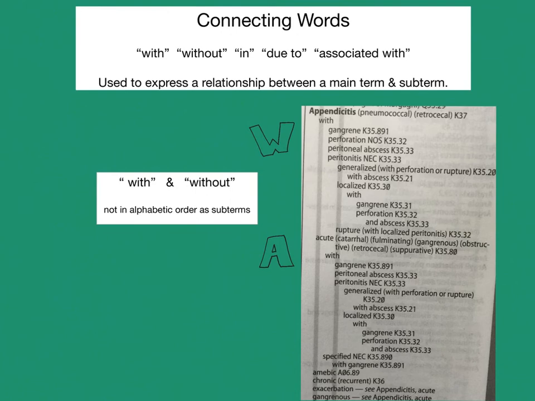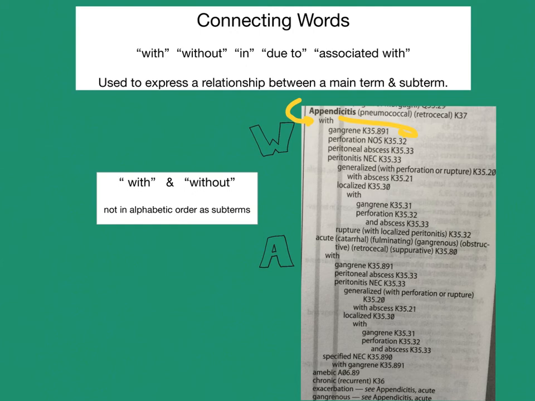Another topic in Chapter 1 is that of connecting words. These words or terms are used to express a relationship, either between a main term and a subterm, or a subterm and a sub-subterm. A sub-subterm just means it's indented under a subterm.